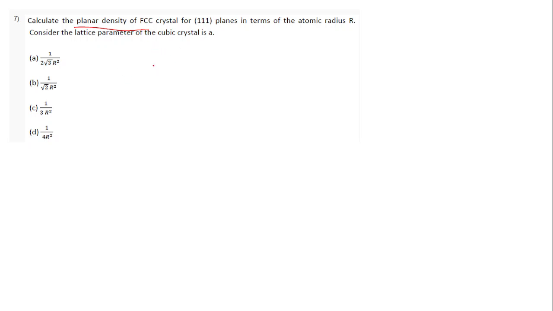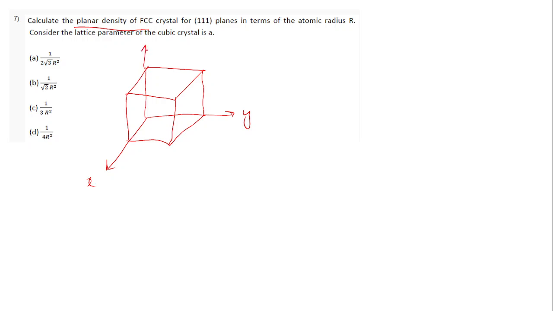FCC. Okay, first let's draw our FCC cube. First thing we should do to make things clear. This is our x-axis, this is our y-axis, this is z-axis, this is origin.